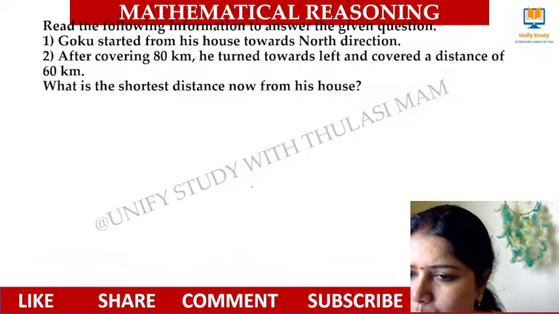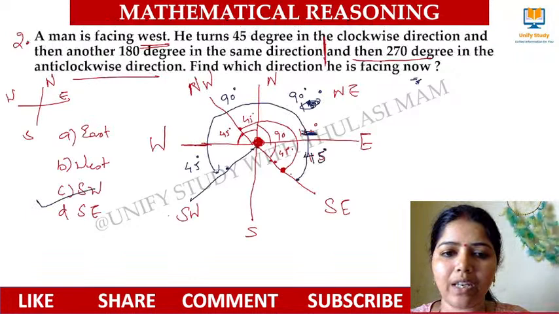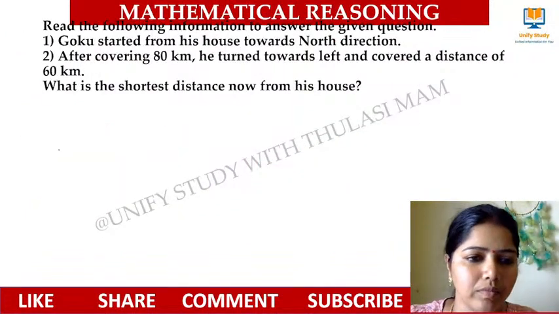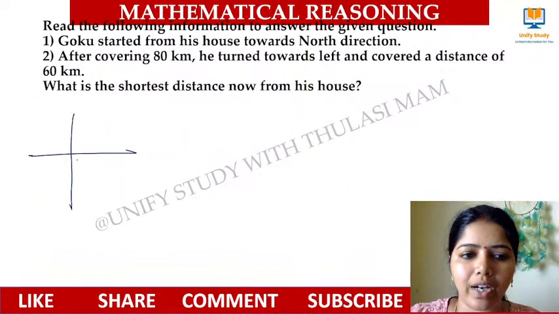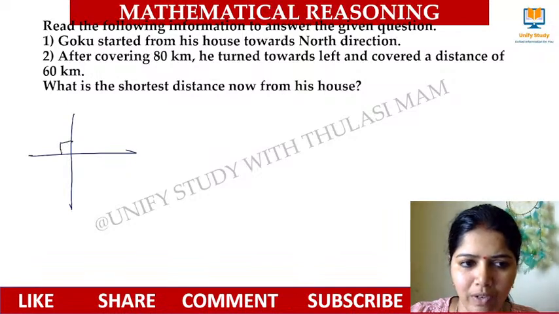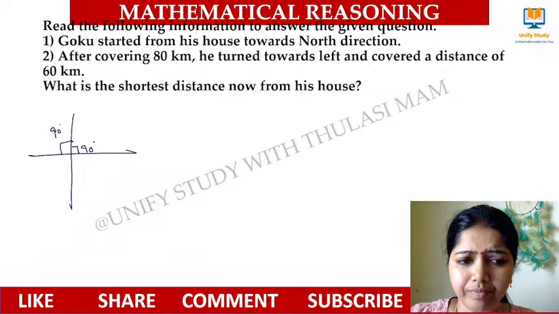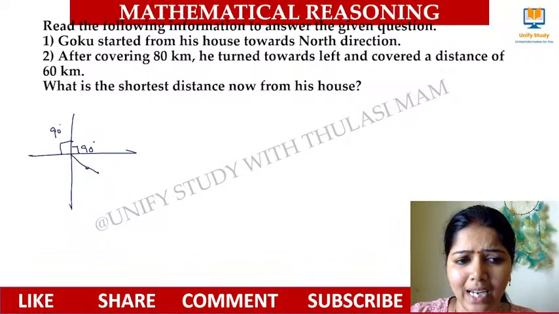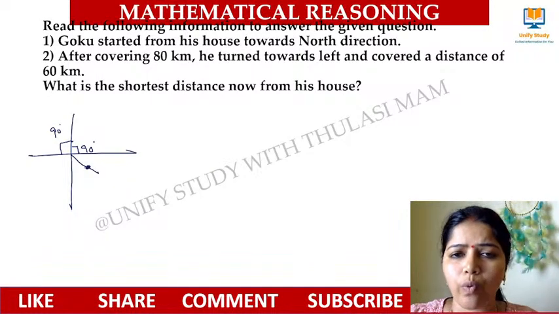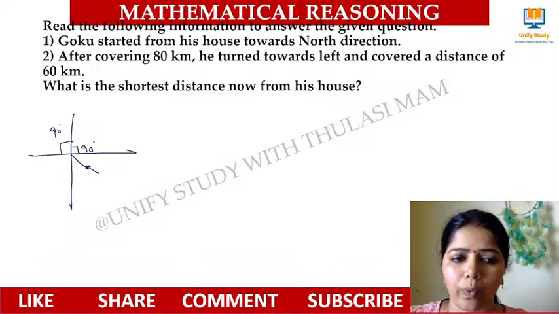Nasrin, you have asked about 270 degrees. See, what does 270 degrees mean? I will draw it again. Each one we call 90 degrees. Now that person is exactly at this point, and he has to go 270 degrees in the anti-clockwise direction.